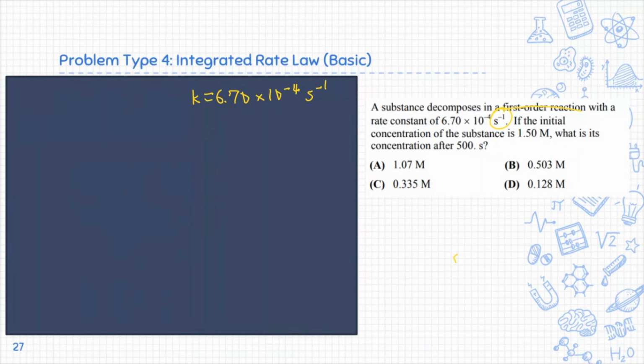It says if the initial concentration of the substance is 1.50 moles, and we're given t, which is 500 seconds. Okay, and we want to figure out what the final concentration is.